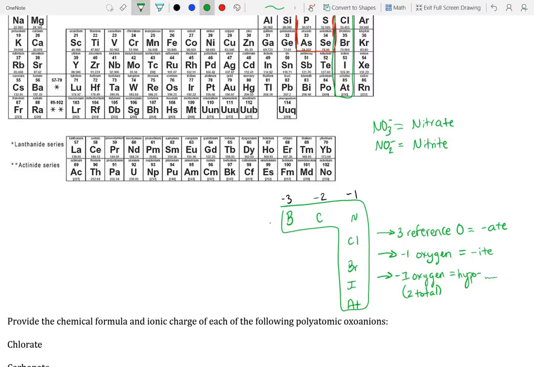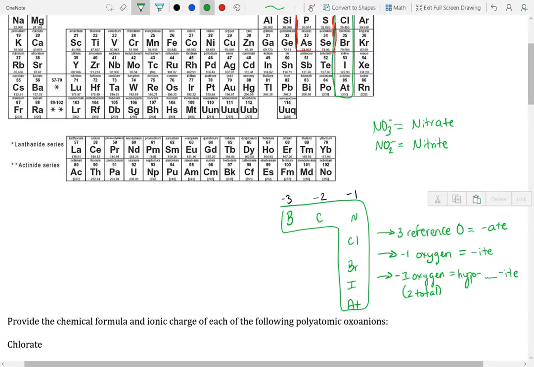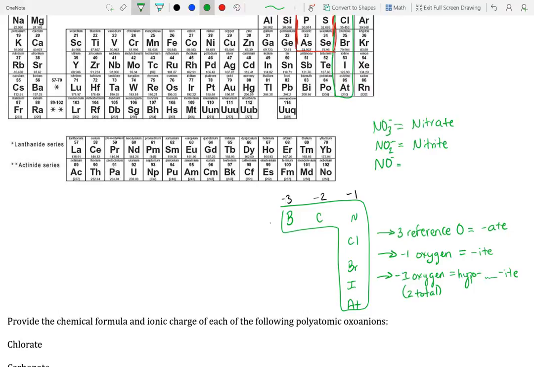You say whatever, and then you keep the suffix ite. So if we were to write NO minus, this is going to be written as hyponitrite. And that's how you write hyponitrite.